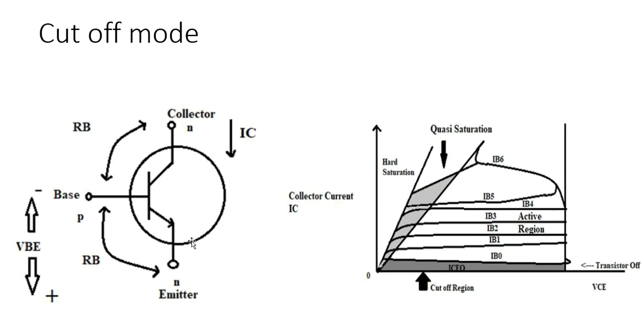So when that junction is reverse biased, imagine what would be the case. The transistor will not conduct. Both junctions are reverse biased, the base emitter junction and the base collector junction. Since the base emitter region is reverse biased, there will be no conduction. The transistor remains in the cutoff region.